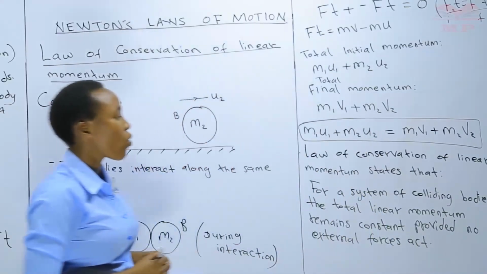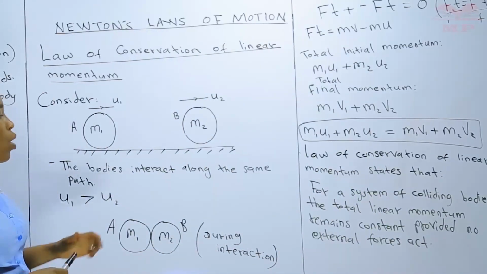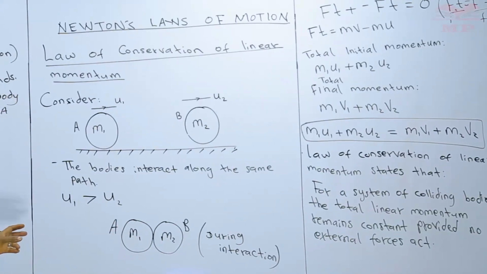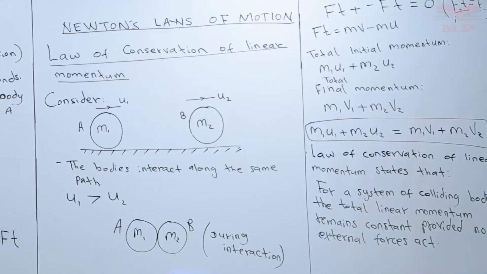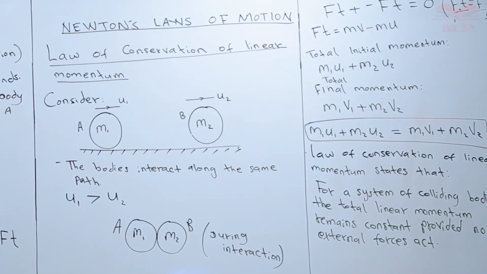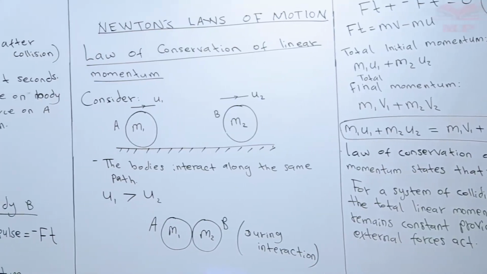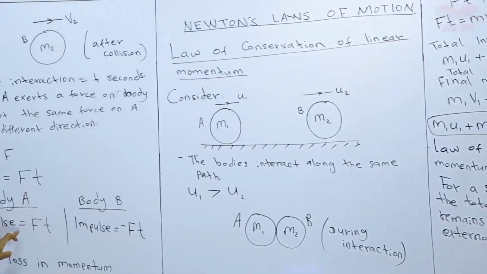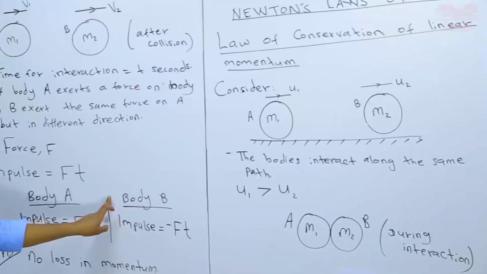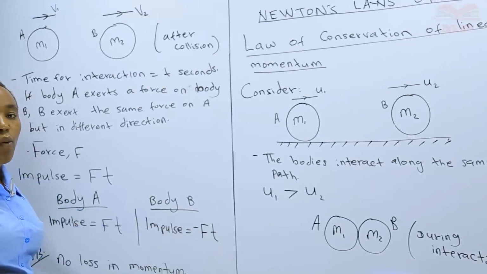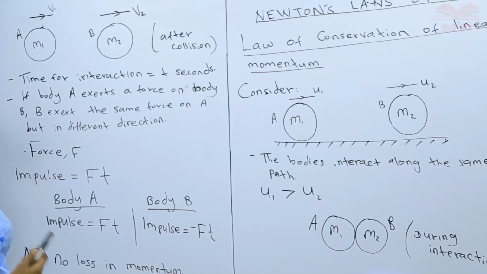So that is the law of conservation of linear momentum, whereby when two bodies collide, the force exerted by one on the other is equal to the force exerted by the other body on the first one, but in the opposite direction. The impulse is force times time. For the first body we have force times time. For the other body the force is in the opposite direction, so we have negative, if we take one direction to be positive and the other negative.